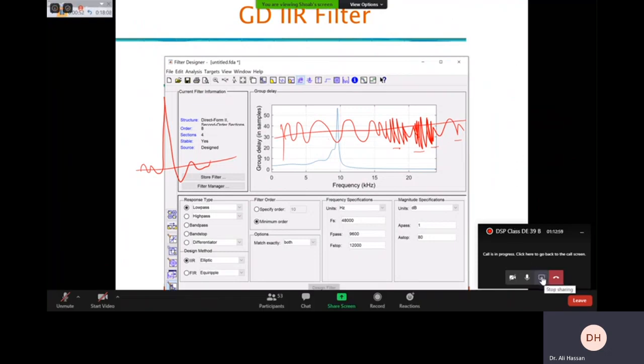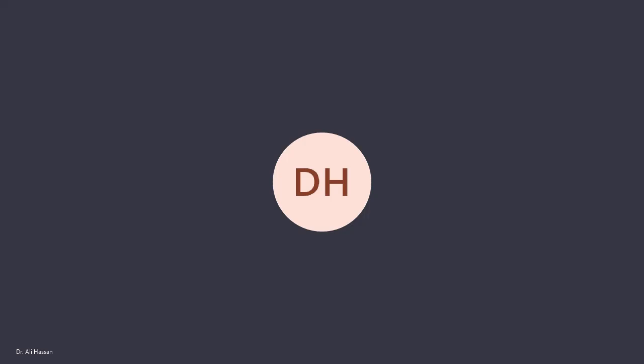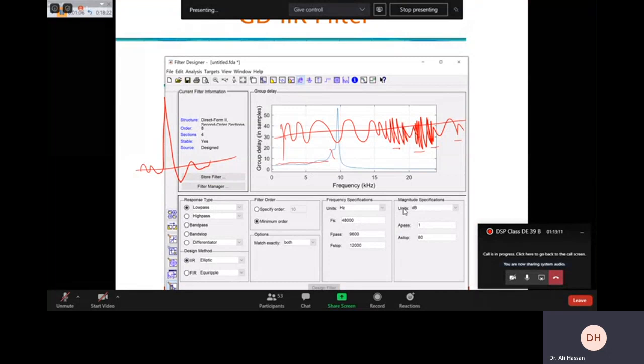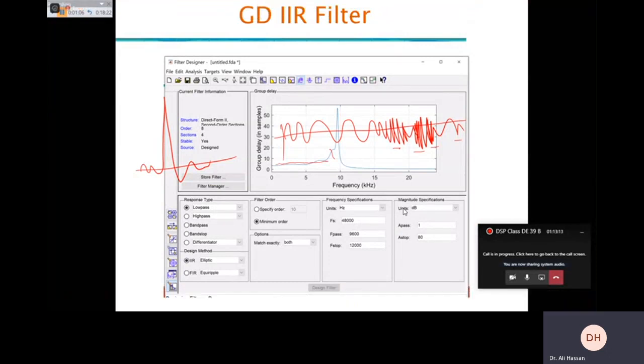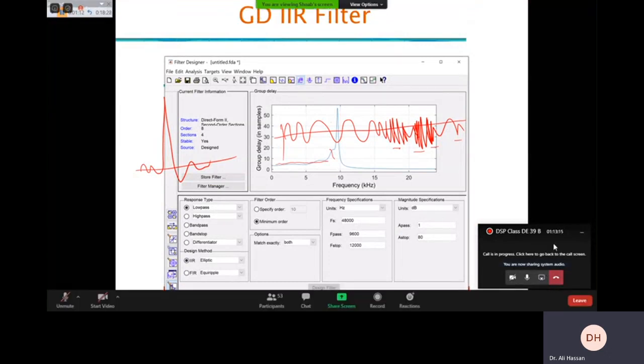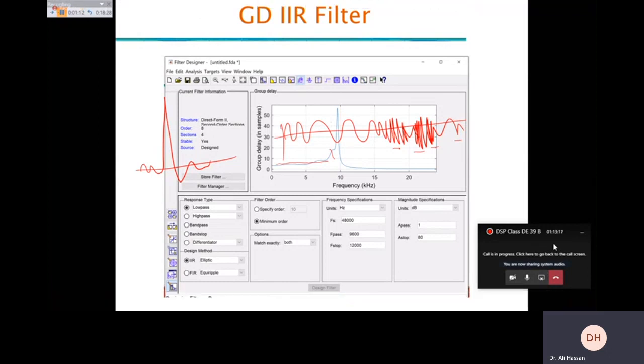So once this signal comes out, it will appear somewhere else, after 20 samples. And even higher frequencies will appear 40 samples away, and higher frequencies will appear 50 samples away. So the same signal, what you see here, will be distorted.